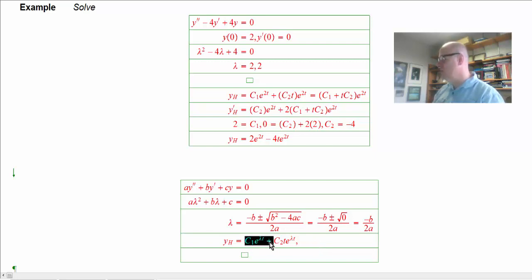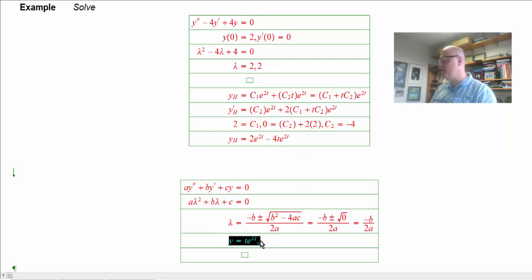I really just need to show you that this piece solves it. Since it's a linear equation, if I can do that, then we already have two solutions, e to the lambda t, and now t e to the lambda t, and any linear combination, a constant times e to the lambda t and a constant times t e to the lambda t, will also be a solution. We proved that in the last video.